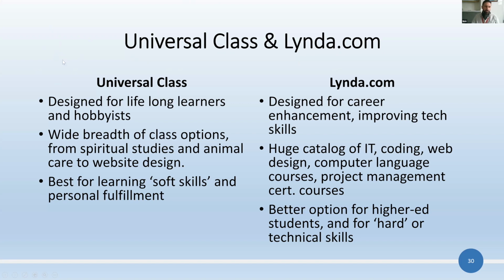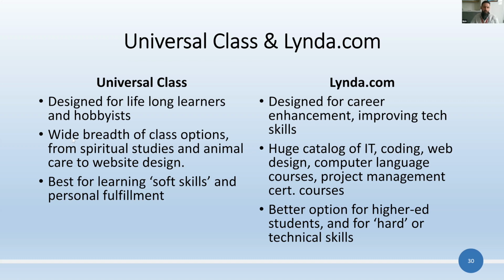Universal Class is best suited for lifelong learners and hobbyists. It has a wide breadth of class options from spiritual studies and animal care to website design. I identify this database as best for learning soft skills. And when I say soft skills, I mean something different than perhaps learning C++ or Microsoft SQL or coding, computer language.